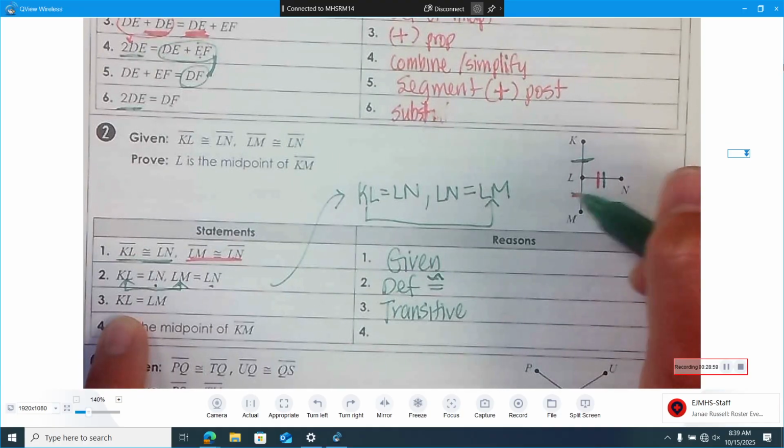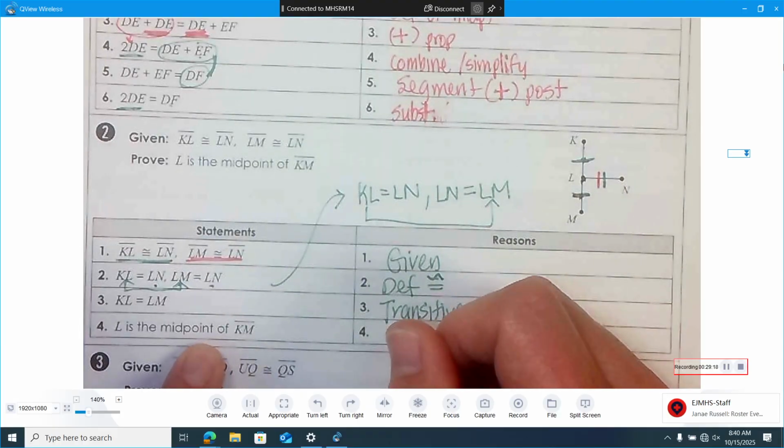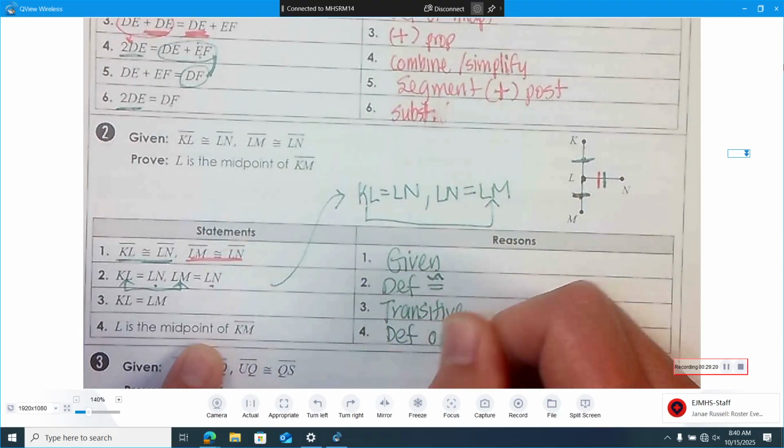So these two segments now are both the same. And if we have two equal segments with the point in the middle, what must we know? It's a midpoint. Yeah, L must be a midpoint. Why? Definition of midpoint, yeah.